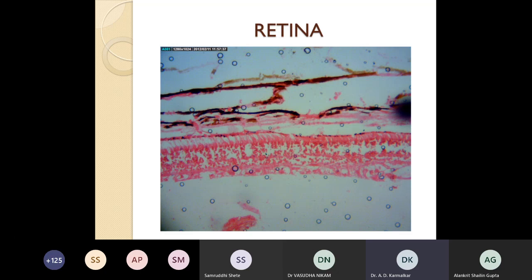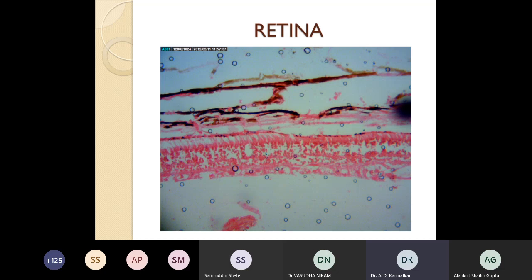Now, in the retina, you can see there is a pigment layer, a huge layer. It is of the choroid. So there is the sclera, the choroid, and then coming to the retina. When you examine the retina under the microscope, you can see the different layers. You can see some fibers, these are nothing but the plexiform layer.